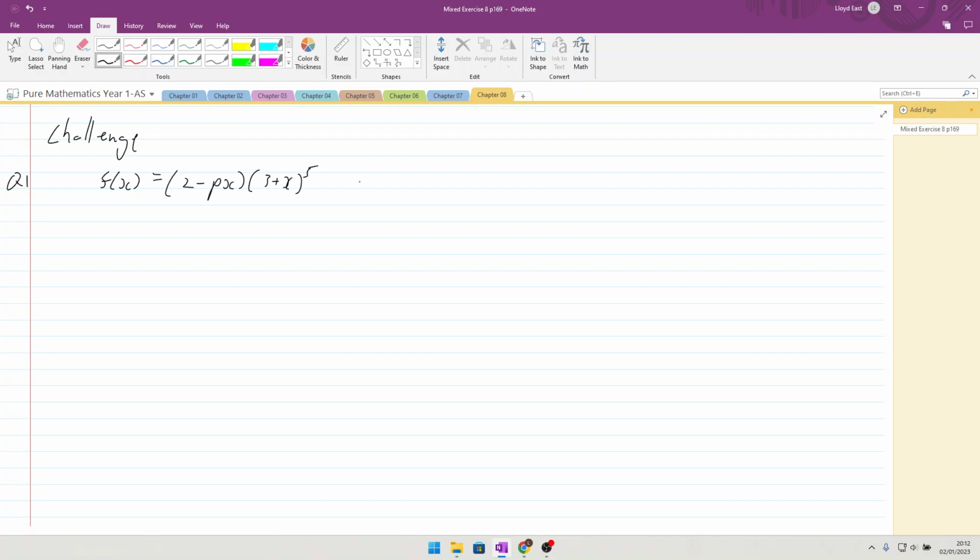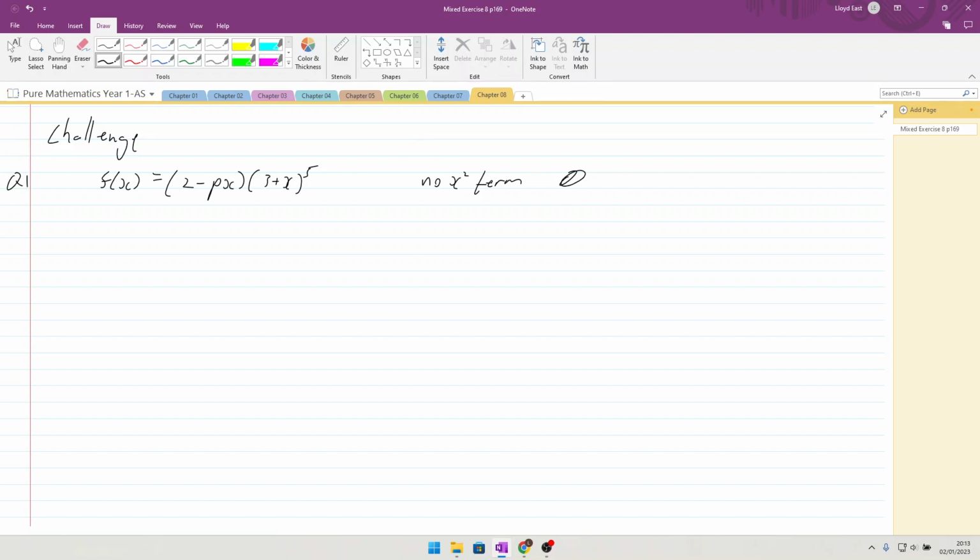There is no x squared term, or the coefficient is equal to 0, in the expansion of f of x. Show that p is 4/3.